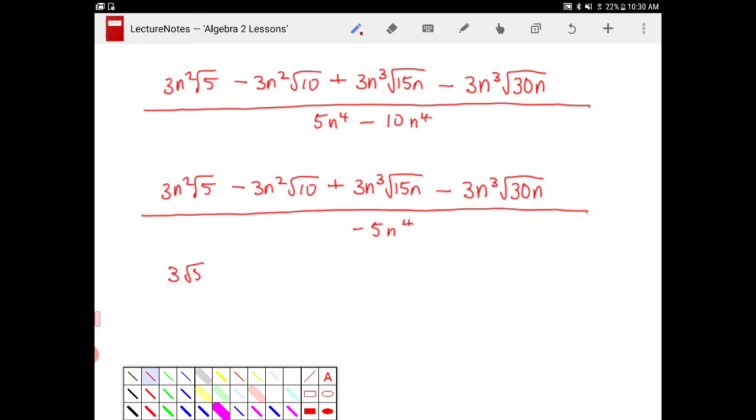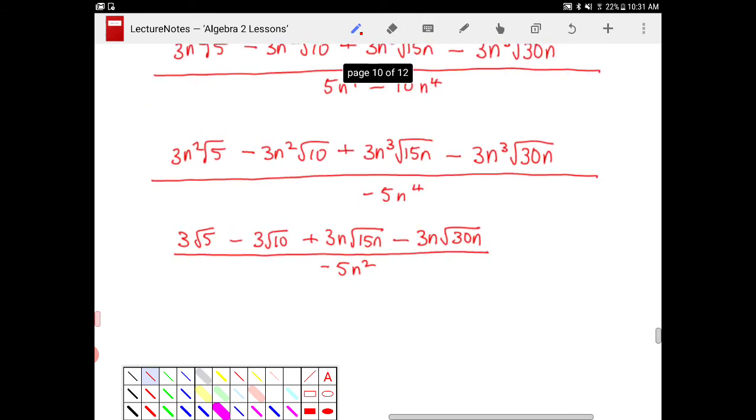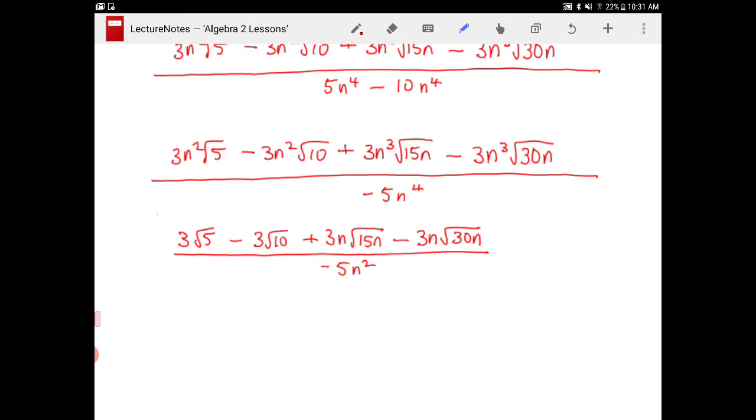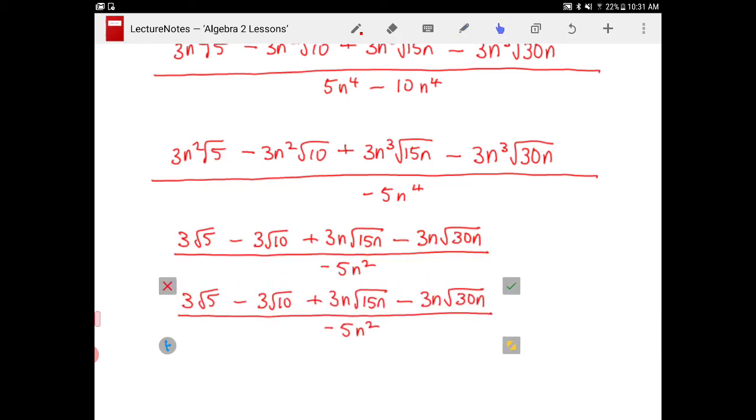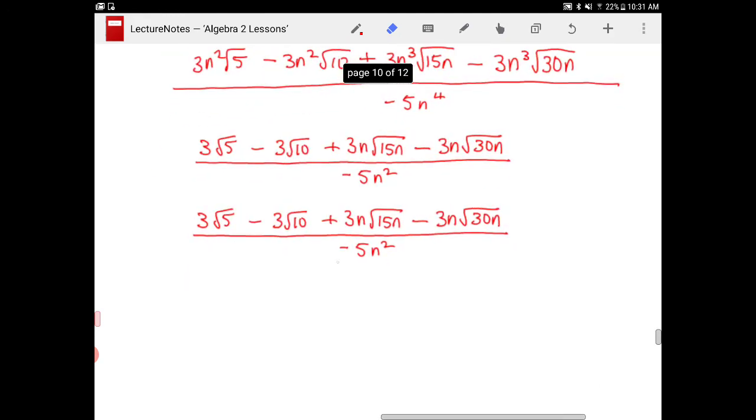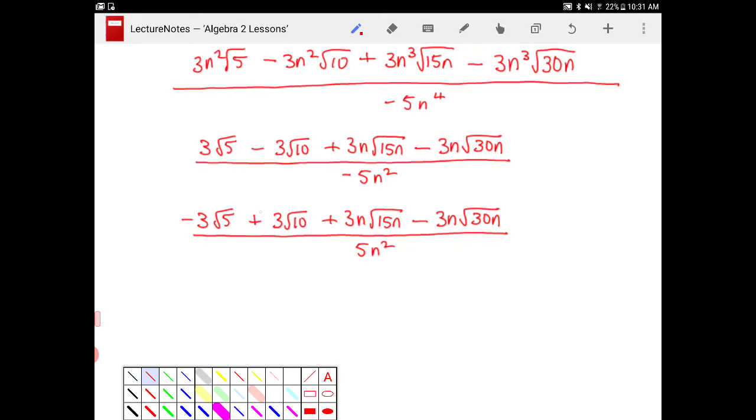This is 3 radical 5 minus 3 radical 10 plus 3n radical 15n minus 3n radical 30n all over negative 5n squared. And the last thing, the answer key likes to bring the negative up top, so that's what I'm going to do too. If I do, I'll end up with this as my answer.